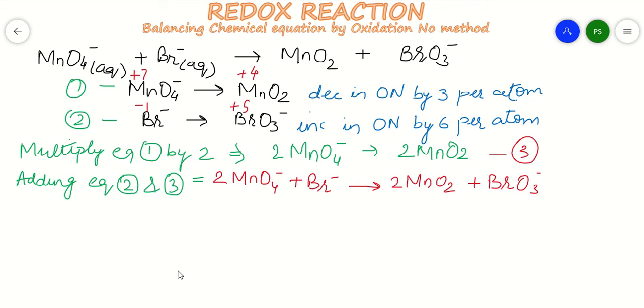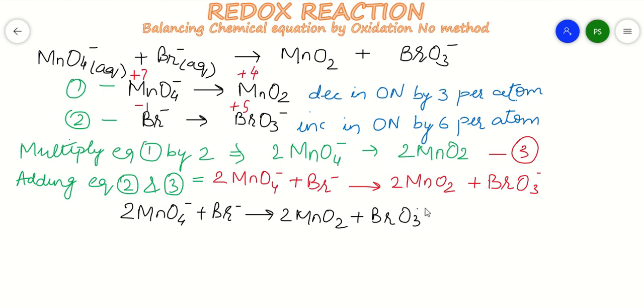So I will take this equation: 2 MnO4 minus plus Br minus gives 2 MnO2 plus BrO3 minus plus H2O.